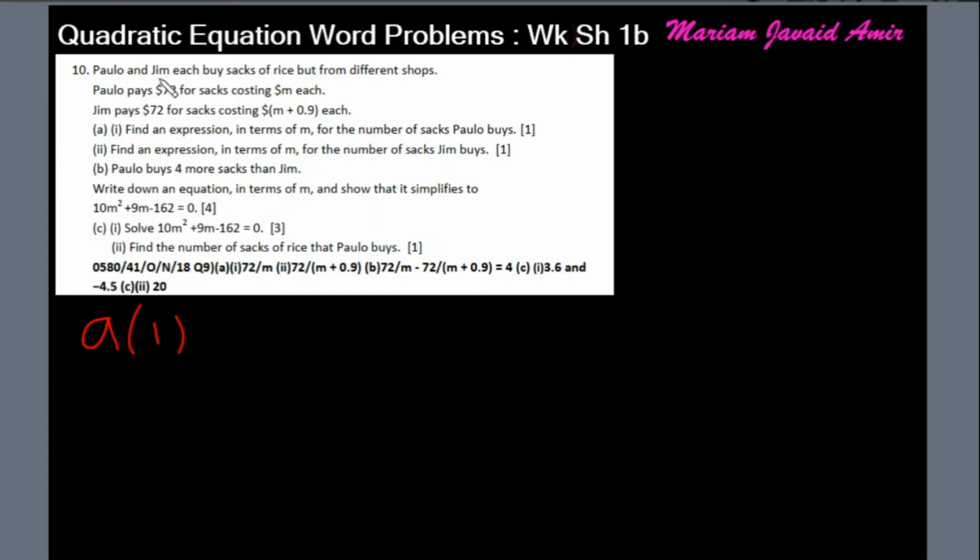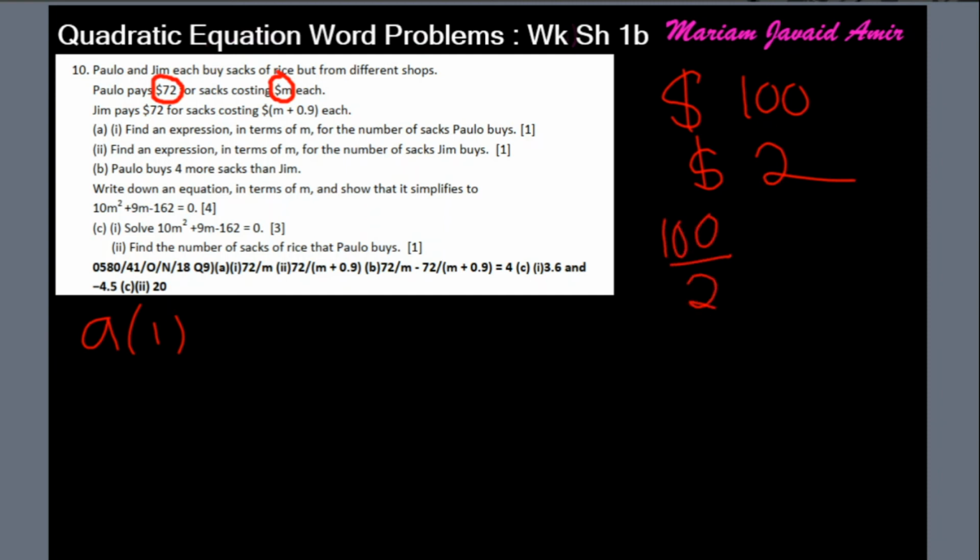So Paulo spends $72 and each bag costs $M. So how many sacks did he buy? Let's say you buy something for $200 and each thing costs $2. So how many things did you buy? You bought 200 over 2. Let's say you bought some similar things.